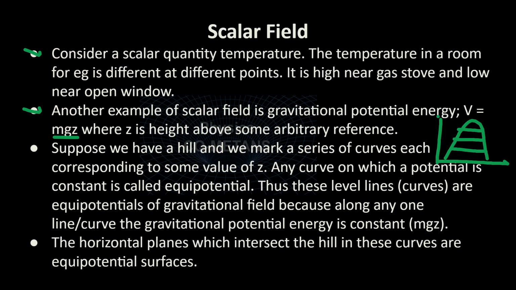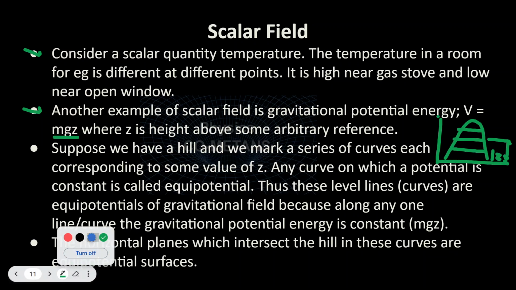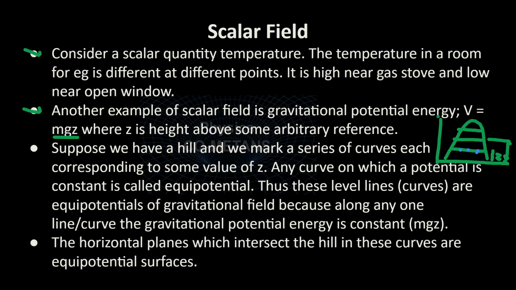Each curve or each line will represent a constant potential, because this curve is at some height z, so all the points on the curve will have the same potential.